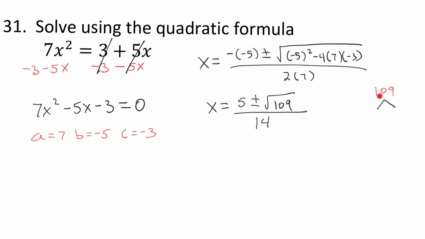Nope. 2, this is not even, so 2 doesn't go into 109. 5 doesn't go into it. 10 doesn't go into it. 11 doesn't go into it. 12, nope. So guess what, guys? I believe we cannot break this one down. So that's a prime number. That means your answer is in radical form, right there.